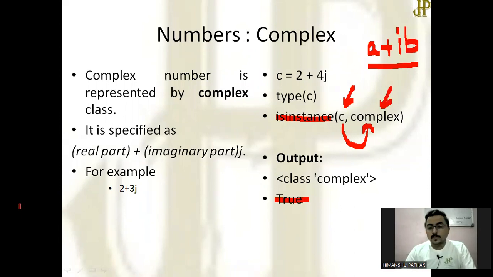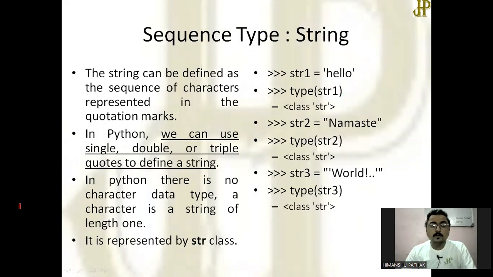Now move on further. This is the very important one, sequence type. This will be discussed separately. In sequence type, there are basically three subtypes. First one is string, second one is list, and third one is tuple.